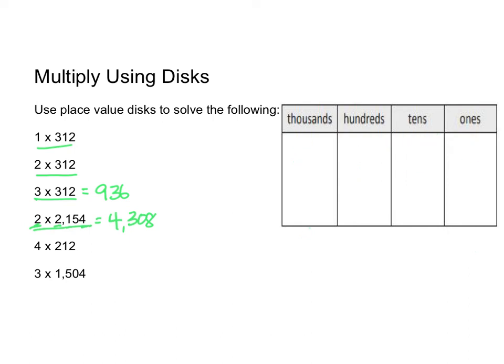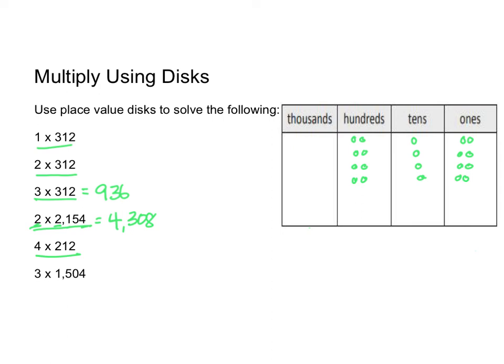All right, we're going to do another set. So let's see how that goes. We're going to do 4 times 212. So that means we've got to do 2 ones, 1 10, 2 hundreds, and we need to do that 4 times. So here's our second time. And you should be doing this on your board. Here's our third time, and here's our 4th time.